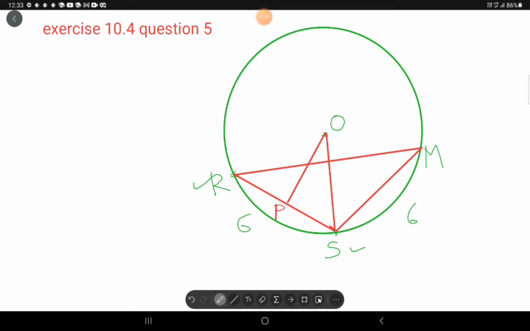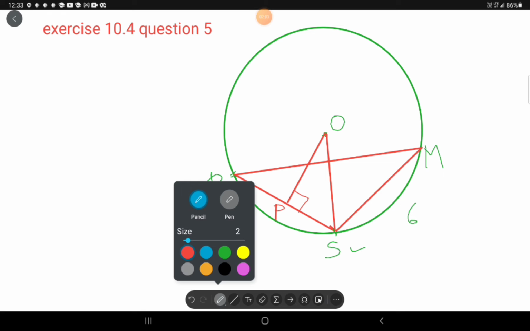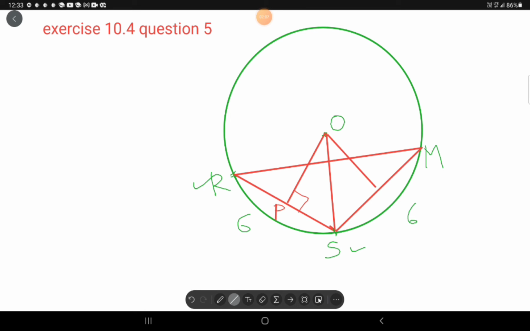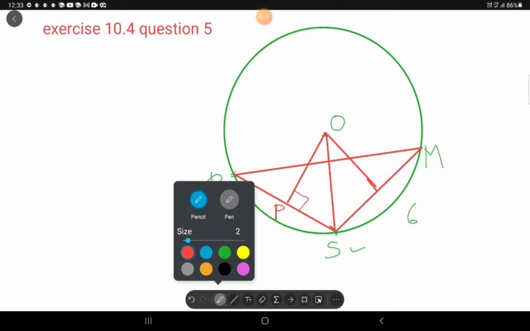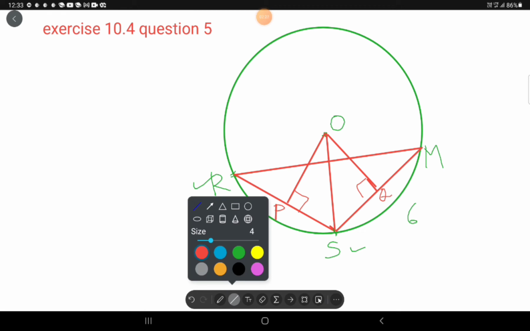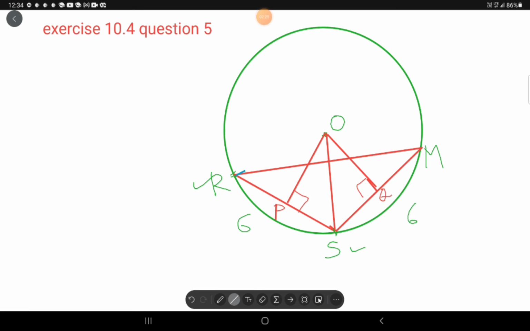So OP is the perpendicular to the chord RS. In the same way, OQ is the perpendicular to the chord SM. Now we can join OR, so the radii are OR and OM.